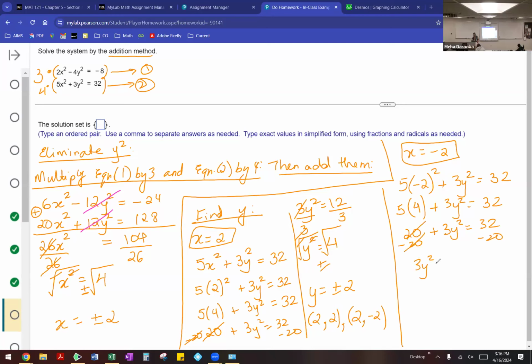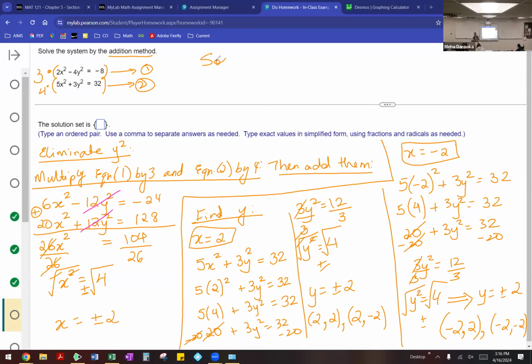So move the 20 to the other side, divide by 3. You get y squared again equals 4. Take the square root on both sides, and again, you get y equals plus or minus 2. The only difference this time is we started with x equals negative 2, so you'll have negative 2, positive 2 as one of the ordered pairs, and negative 2, negative 2 as the other.